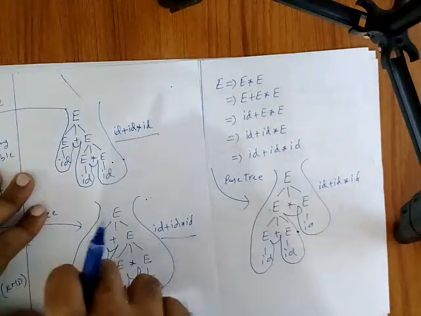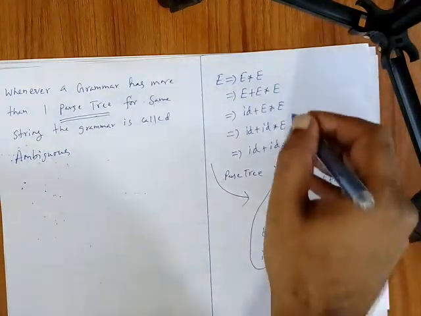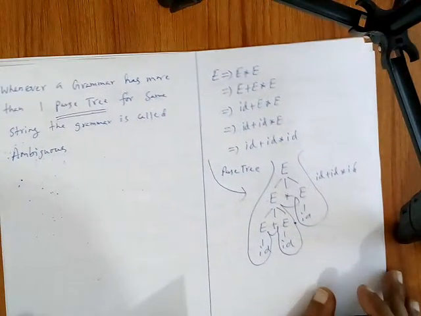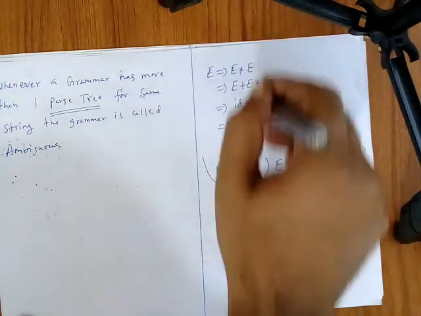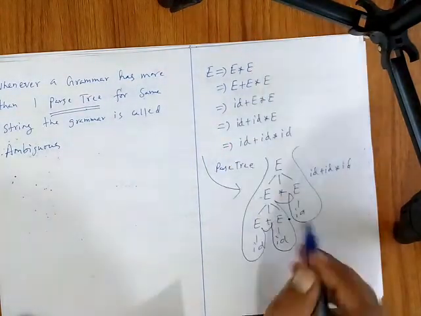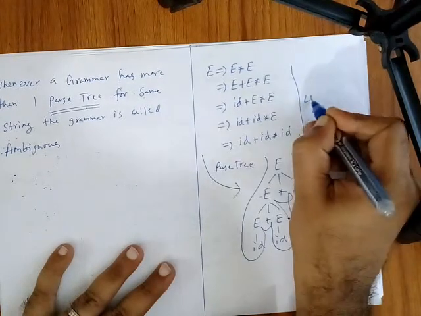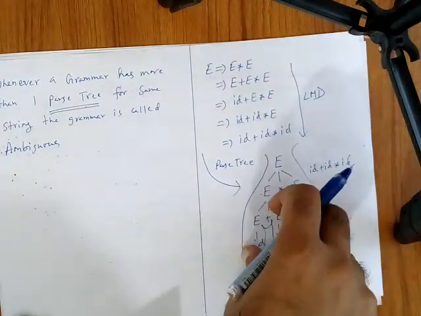The same way, this one is what? Is this LMD or RMD? This derivation is actually LMD. Same parse tree, there will be another RMD as well.